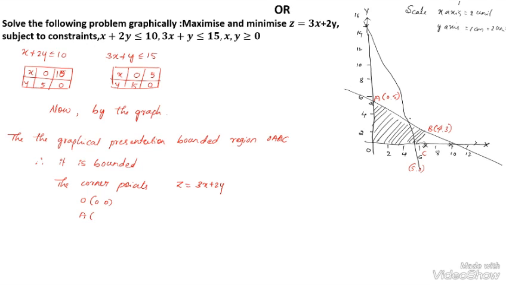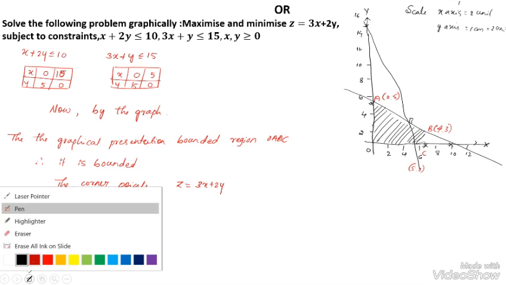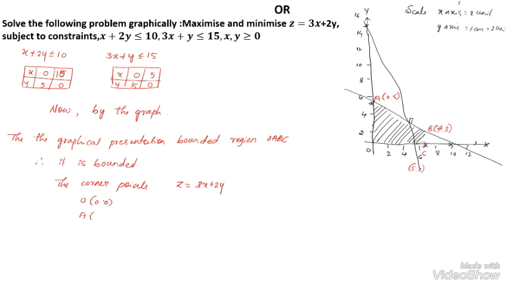The point B here shows 4 comma 3, and A is 0 comma 5. B is 4 comma 3 and C is 5 comma 0.